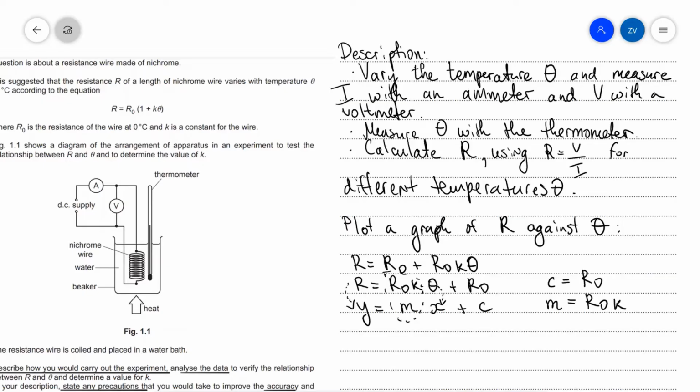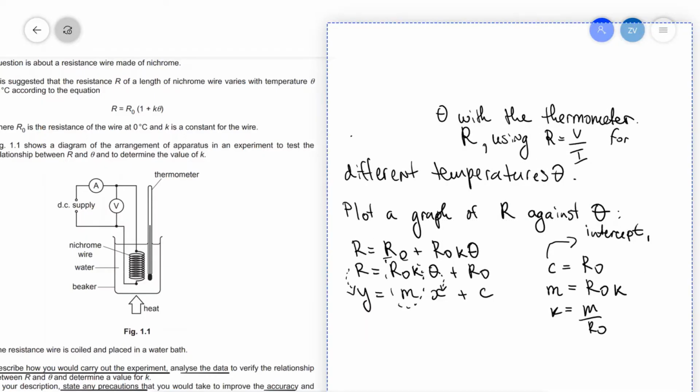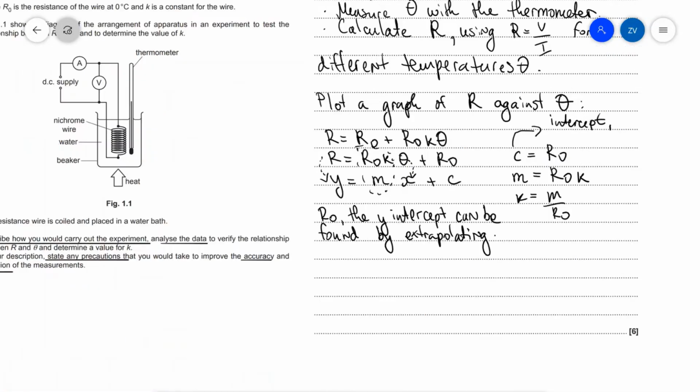We can even find the constant K if we wanted to. K will be equal to m over R naught, where m is the gradient, and c can be found by extrapolation on the graph. So I'm just going to make a little note over here that this is my intercept, and this intercept can be found by extrapolating.